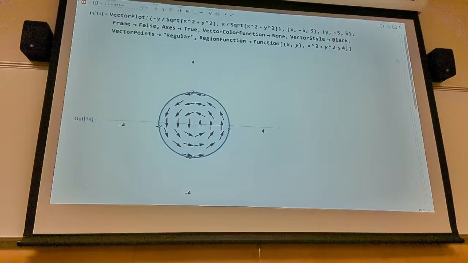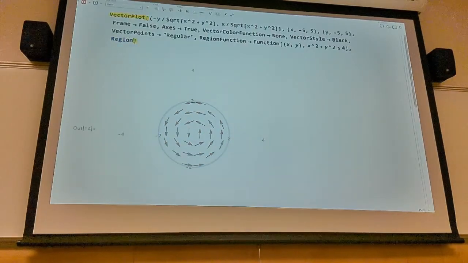Let's say we don't want the circle actually plotted. So the region filling style, turn this off, what do you think it's going to do?